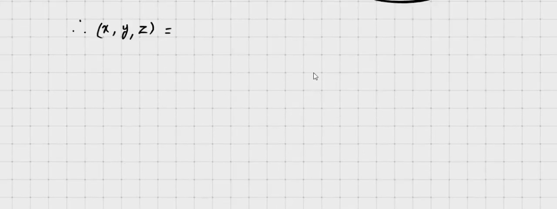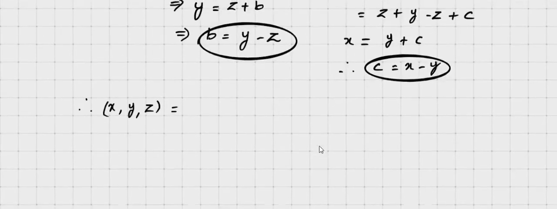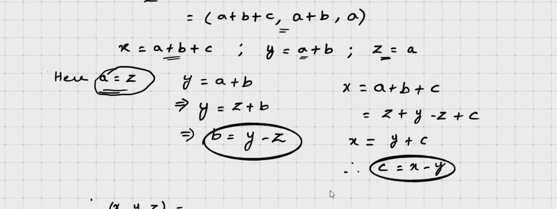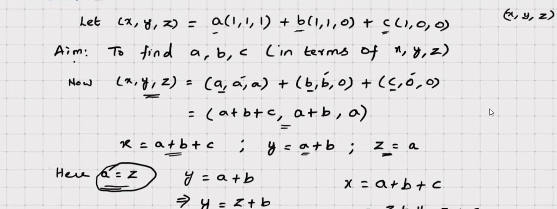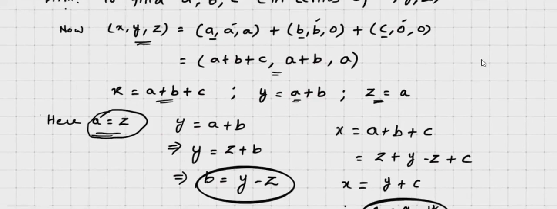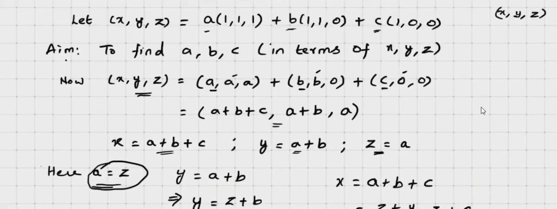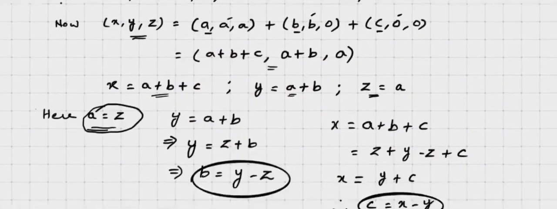See, therefore (x, y, z) will be, see, what is the value of a there? I should substitute here, right? So the value of a is z. So z into (1, 1, 1), right?